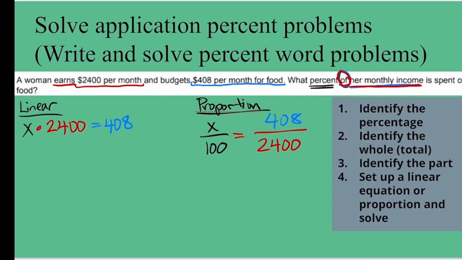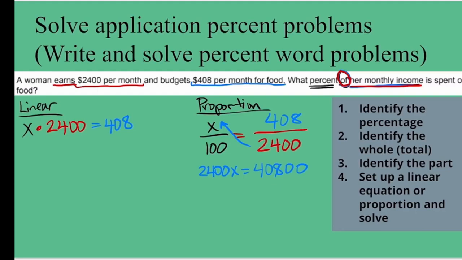So for the proportion, we cross multiply. 2400x equals 40,800.